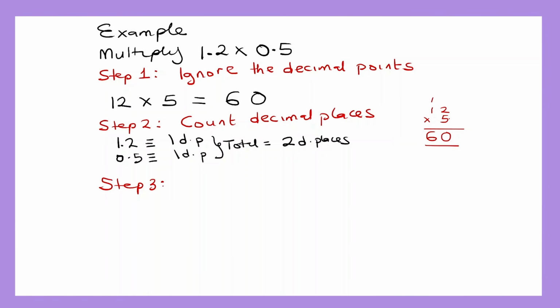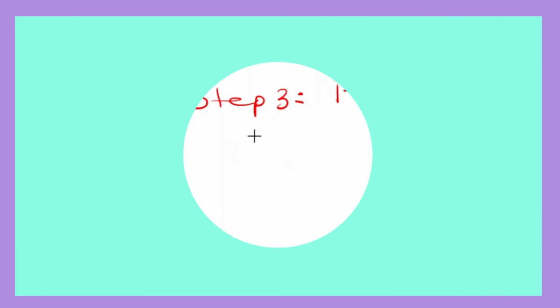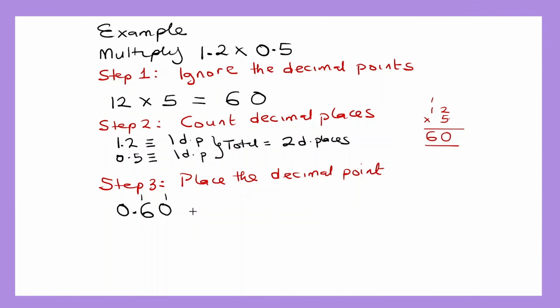Step 3, place the decimal point. So we have 60, and because it's 2 decimal places, we count 1, 2. So place that decimal point here. Of course, 0 after a decimal is what? Insignificant. So 1.2 times 0.5 equals 0.6.